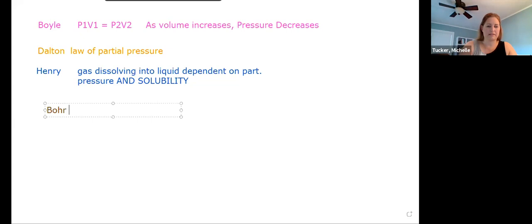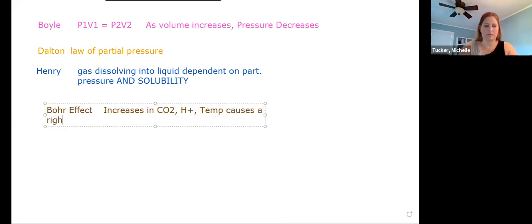The Bohr effect. This is increases in carbon dioxide, hydrogen ion, temperature, causes a right shift in hemoglobin oxygen dissociation curve.